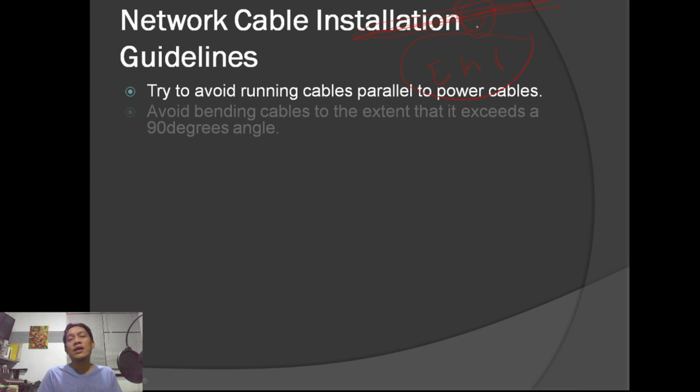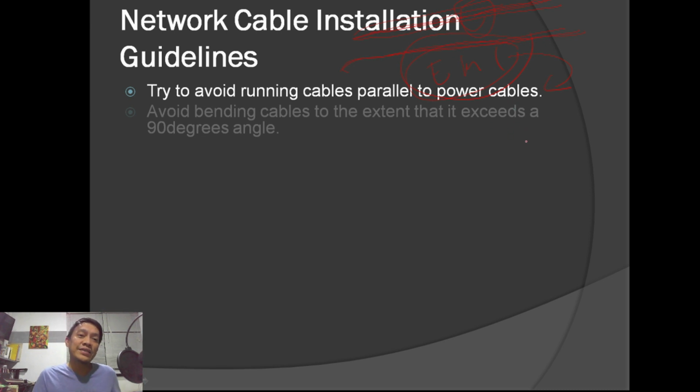Do not make it parallel to power cables. As much as possible, look for another path para ilay nyo yung cable, to lay your cable on a different path to avoid the electromagnetic interference produced by the power cables.